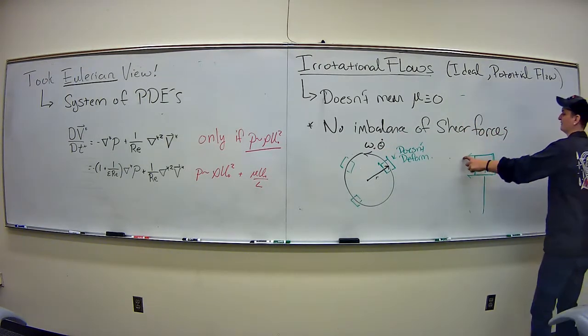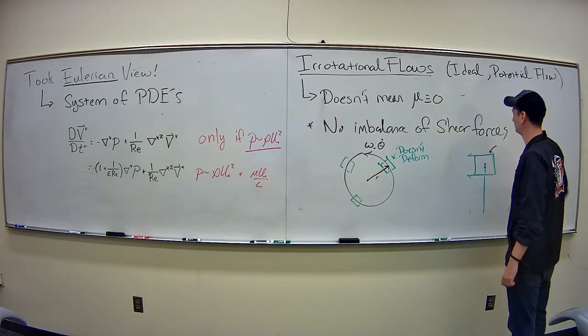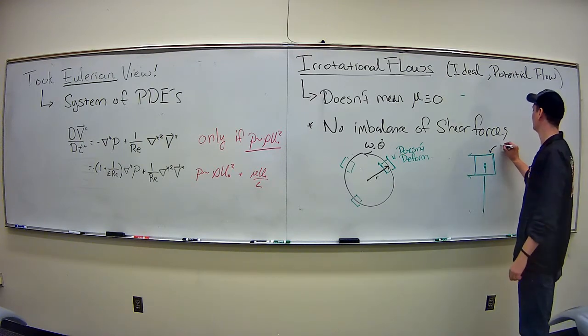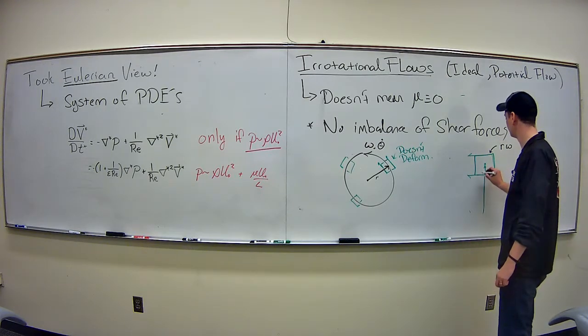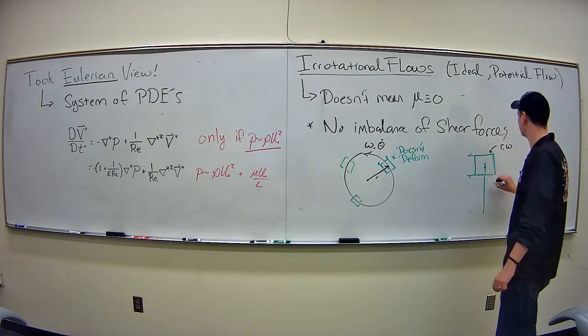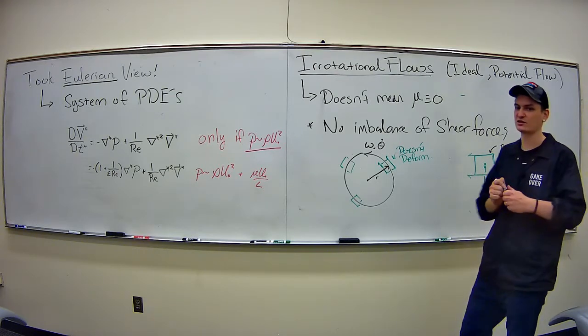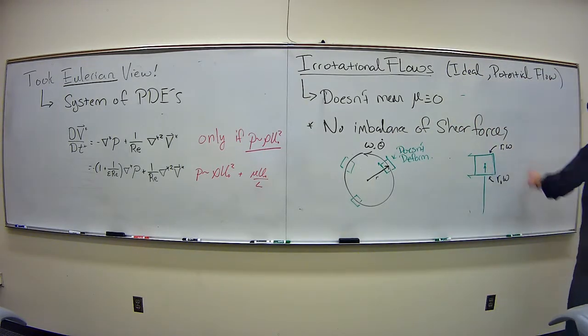And then this velocity right here, the tangential one, is going to be r times the angular velocity, or let's say r1. That's just the tangential velocity as I'm spinning around the circle: r times omega.